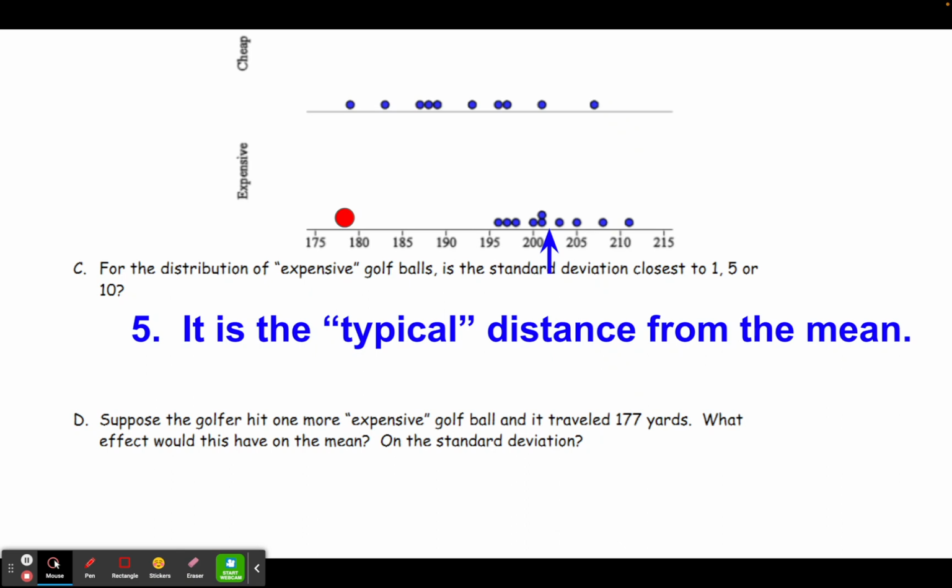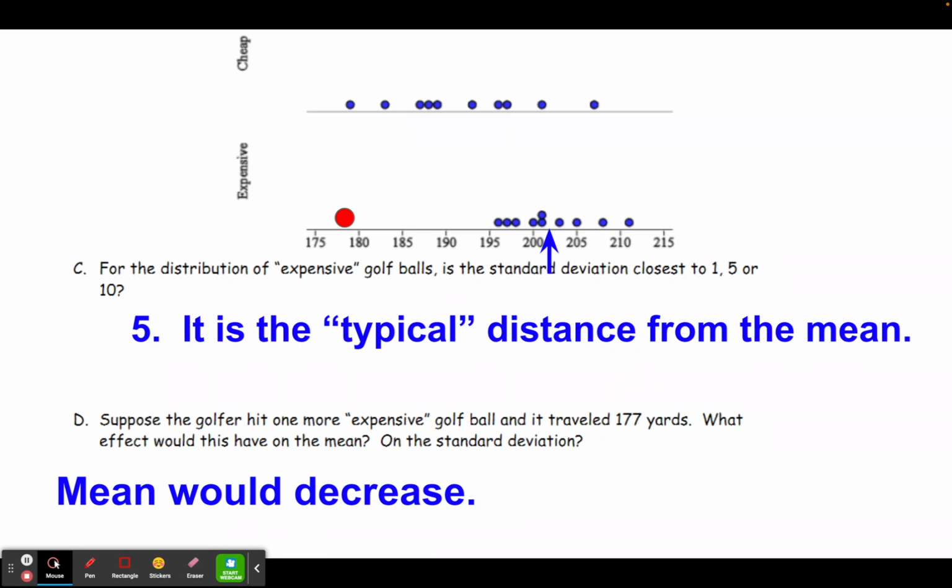Because we're adding in a very low value compared to the rest. Think about if you have a good grade in a class and you typically get A's and B's on your tests, and then all of a sudden you take a test and you get an F, that F is going to bring down your average grade.